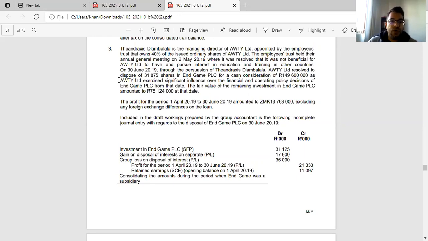Included in the draft workings prepared by the group accountant is the following incomplete journal entry with regard to the disposal of Endgame on 30th June 2019. So he has investment in Endgame, which is basically investment in subsidiary of 31,125. We'll see how we got that. I don't know how we got that. Okay, we'll have to have a look.